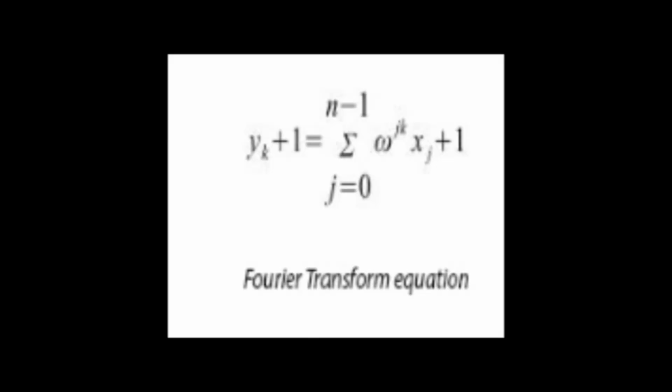The number of frequencies or data samples required is equal to the signal length squared. Even for small signals, this can take significant time and computing power. To make the Fourier transform faster and more efficient, a method known as the fast Fourier transform is used.